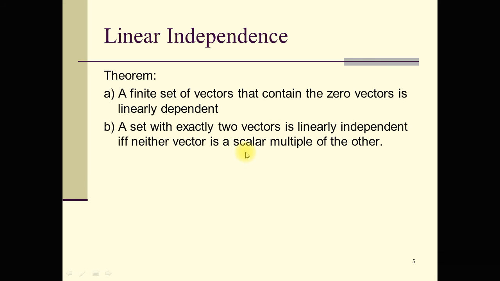That is, v1 is not a scalar multiple of v2 and v2 is not a scalar multiple of v1. So in this case the vectors are linearly independent. And this theorem exists for a set in which there are exactly two vectors. So part A of this theorem says that if the set is a finite set of vectors and there exists a zero vector in the set, then the vectors will be linearly dependent.